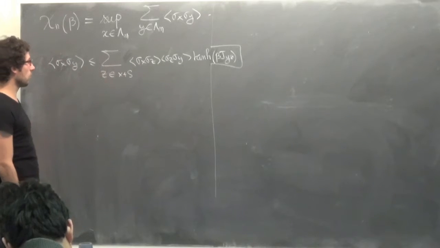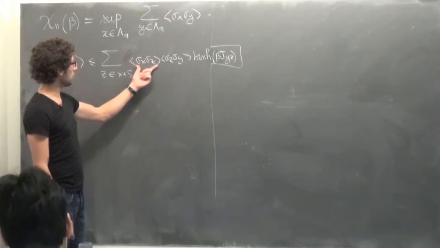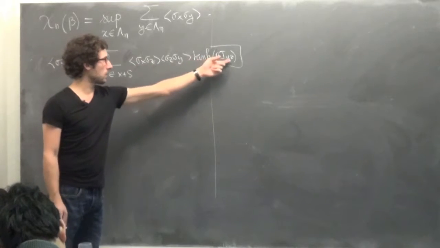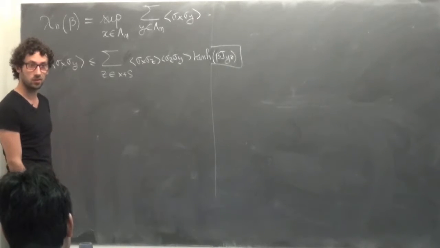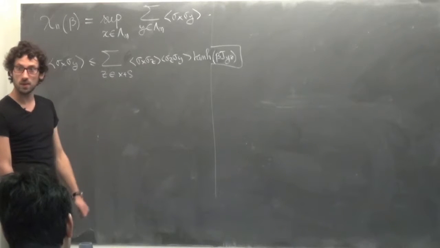But now here, what do I notice? The sum over z in x plus S of <sigma_x sigma_z> tanh, by invariance under translation, this is just phi beta of S.